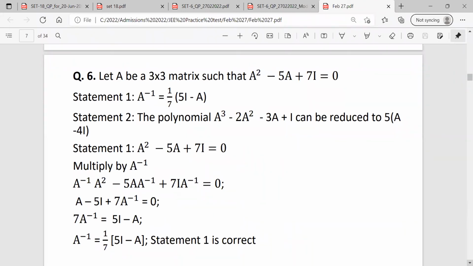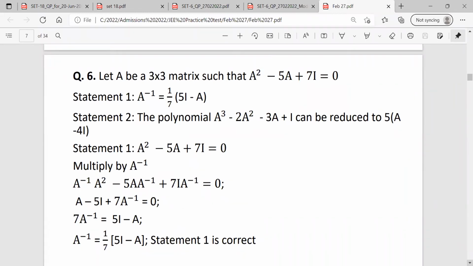In the question, we are only given an equation. They have given us an equation only. So it's A square minus 5A plus 7I, but statement 1 is A inverse. So we have to formulate the equation given in the question in such a way that we have an A inverse here. So what I'm going to do is take the equation A square minus 5A plus 7I equal to 0, and multiply A inverse with the whole equation.